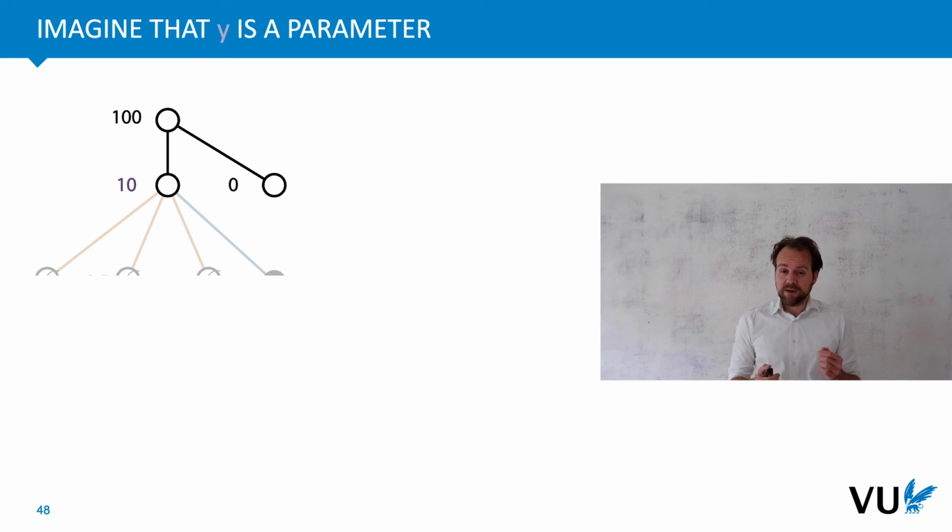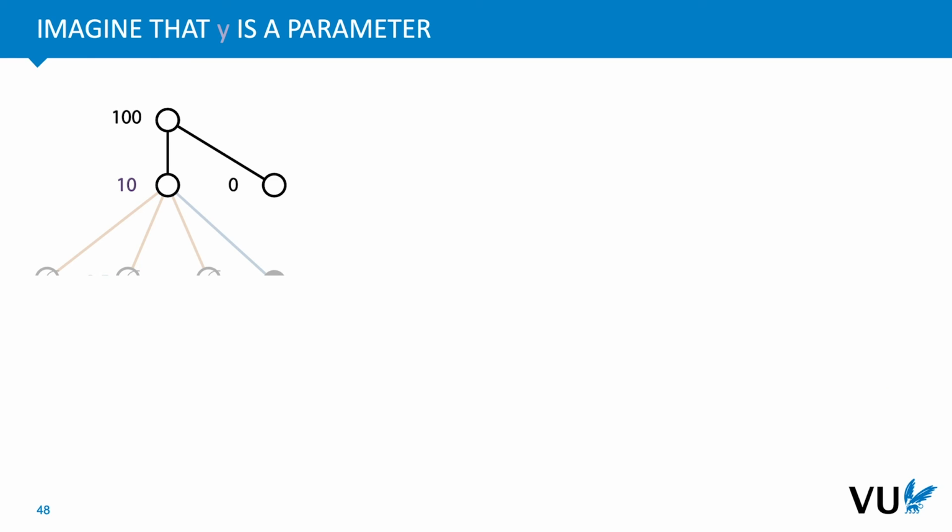If it were a parameter, we could change it by gradient descent. And the update rule would look like this. We would change y by subtracting a learning rate multiplied by the derivative of the loss over y, which looks like this. So for these values, here we have an output of the network of 10, a target value of 0, and a loss, therefore, of 100. It's the difference between these two squared that is the loss.